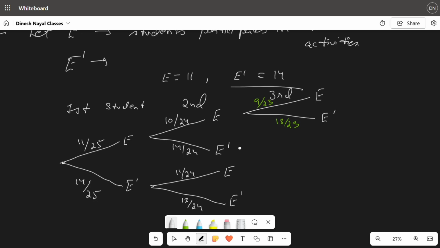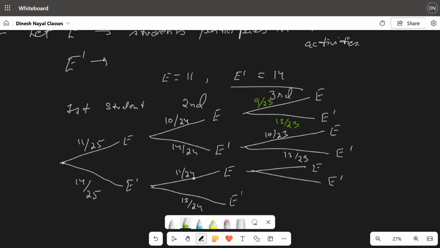Now for this E dash, we have again E and E dash. When one E is selected, this will be 10 by 23 and E dash will be 13 by 23. For this E, again E and E dash.